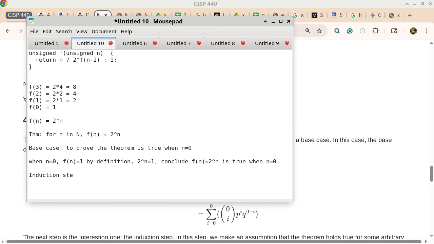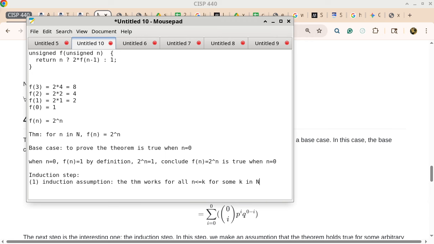So the induction step also has two parts, okay? The first part is to indicate what the assumption is. So basically we want to restate the induction assumption. The induction assumption is the theorem works for all n that is less than or equal to k for some k that is a natural number.